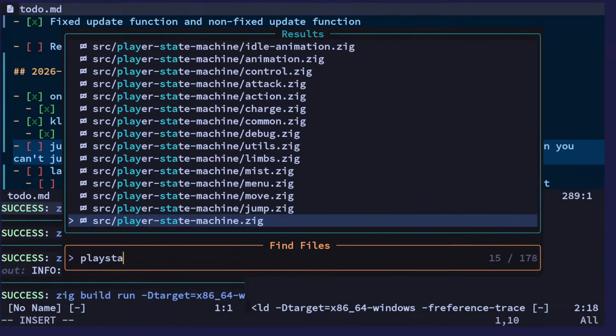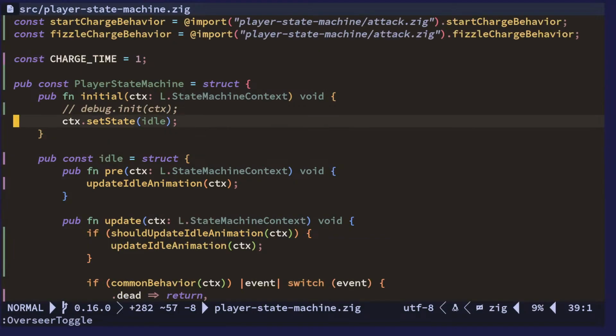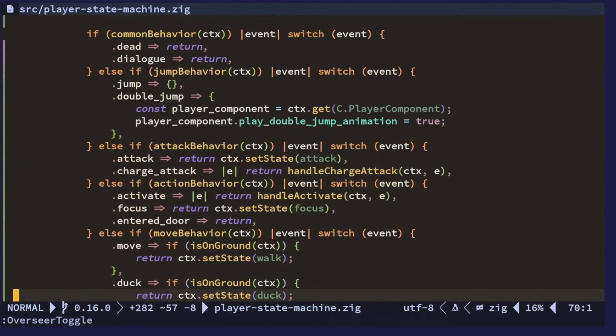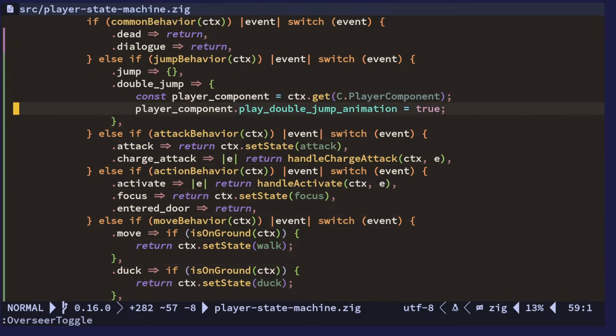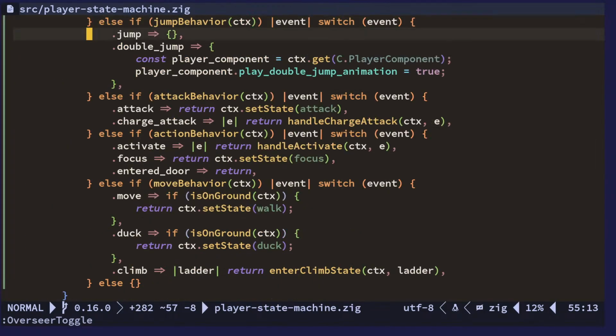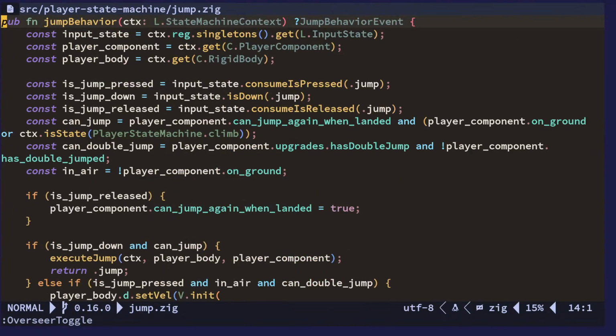So it's probably due to the fact that when we go to jump, well, actually, jump is not a state. Okay, I think I know why this is happening. Wait, or do I know?